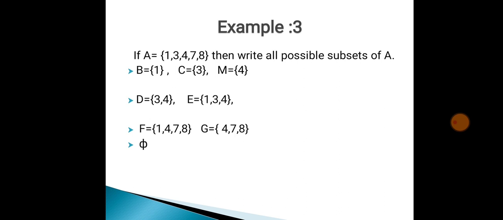You can see here B = {1}. B contains one element of set A and therefore B is a subset of A. Similarly, C = {3}. The element 3 is also present in A, therefore C is a subset of A. Similarly, you can see the other sets here and the remaining sets you will write down in your notebook.